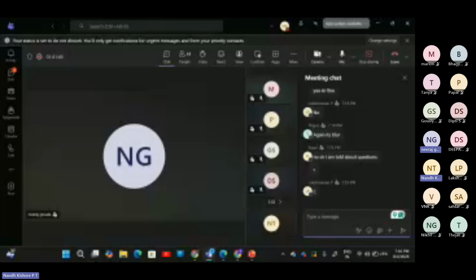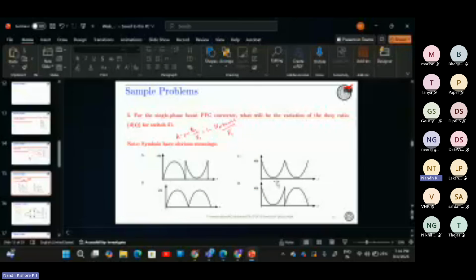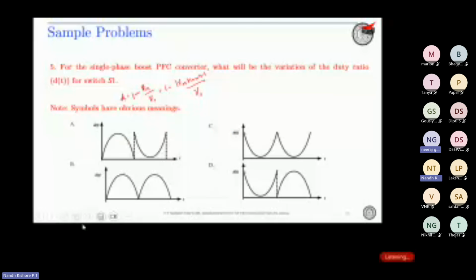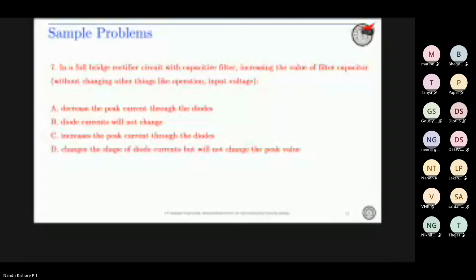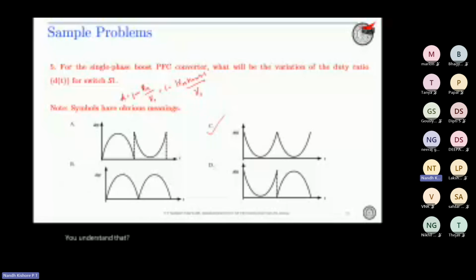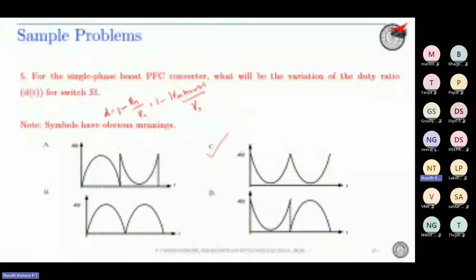Yeah, so you're correct. The option is C, because you understand that mod of Vm sin omega t would vary from 0 to Vm and back to 0.